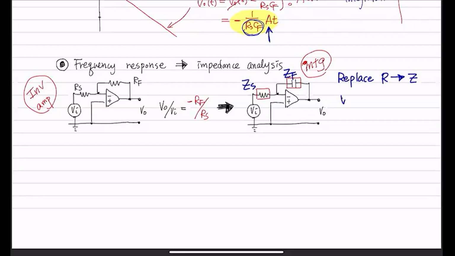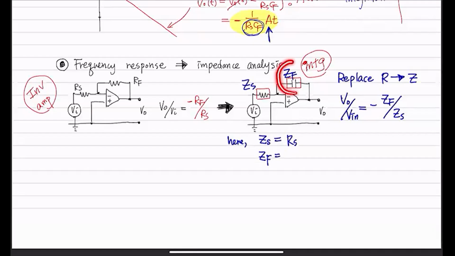So that means Vout over Vin is going to be negative ZF over ZS. RF, RS, ZF, ZS. That's it. And here we use, what's the impedance of a resistor? Anybody help tell me? It's same as your resistance. What about ZF?